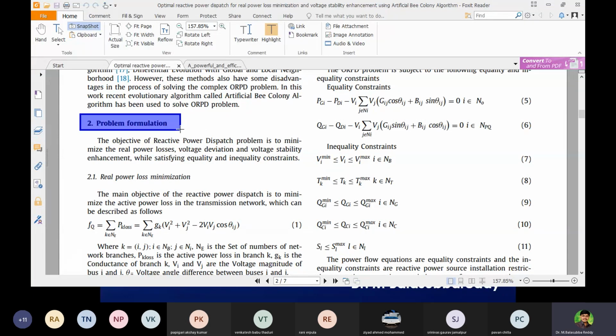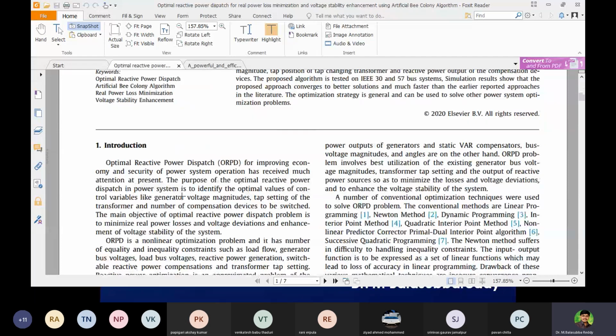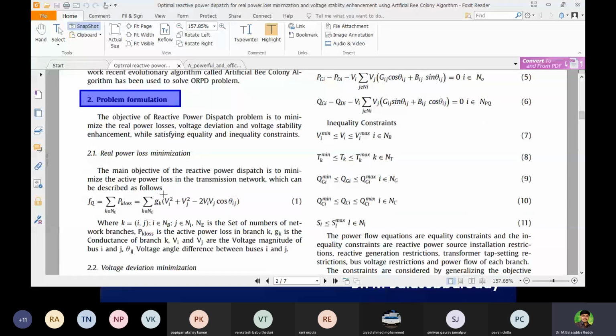And the second one, we can see the problem formulation. So in problem formulation, the title itself mentions the problem: you want to use reactive power dispatch for real power loss minimization and voltage stability enhancement. So all these are the objectives. You can change those objectives also. And here the first objective is real power loss minimization.